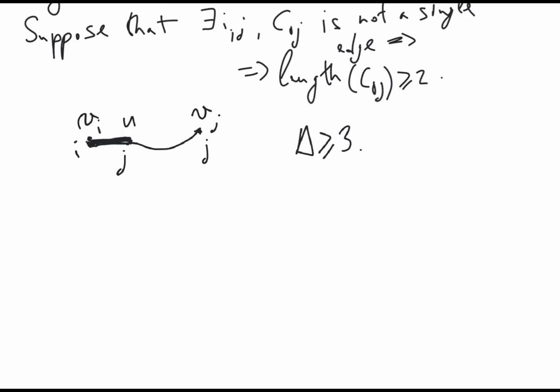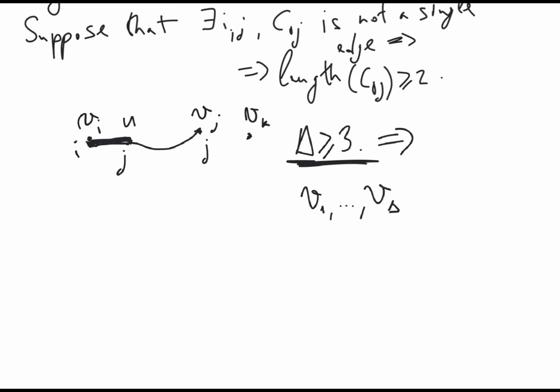Here we use it to conclude that there exists another vertex vk. We have the vertices v1 and so on up to v delta, so delta of them.